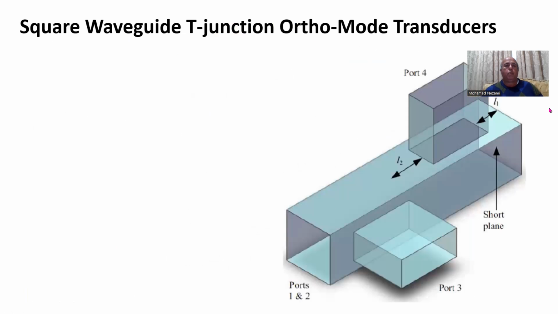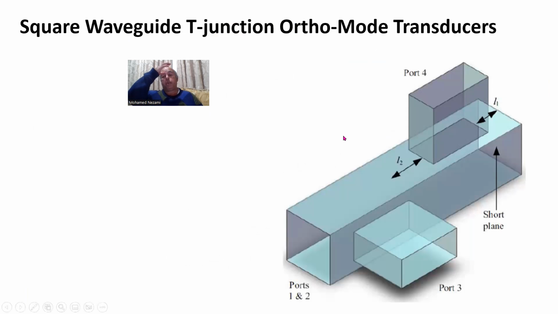Another thing that we find in the literature is the simple T-junction OMT. That is basically designed with a piece of square waveguide and two rectangular waveguides, okay? And these here with the opening onto the sides, and you can design this, very simple to design.